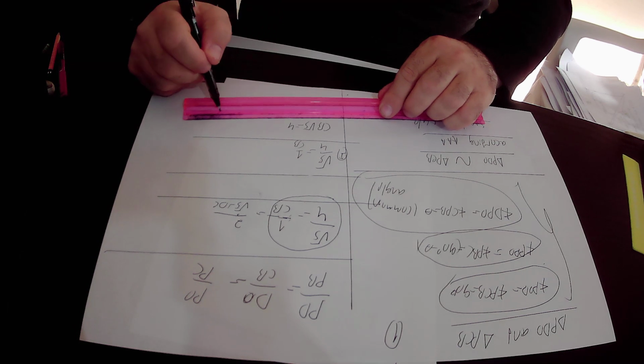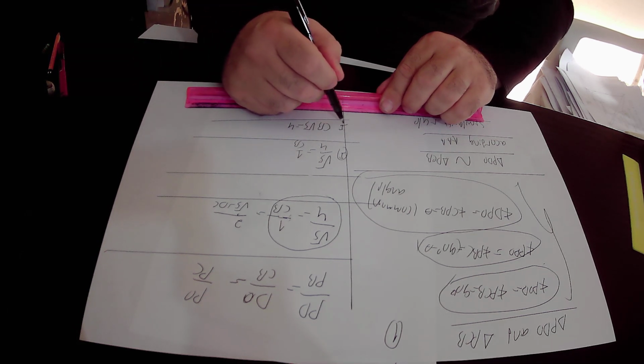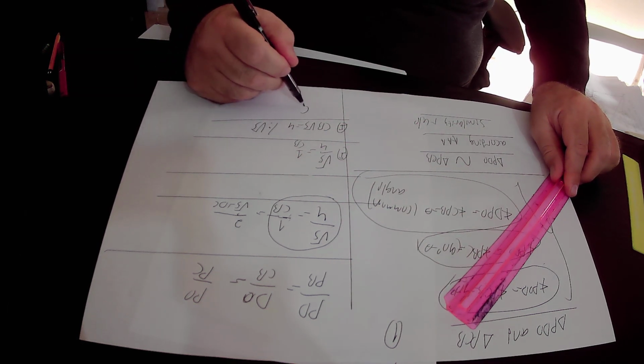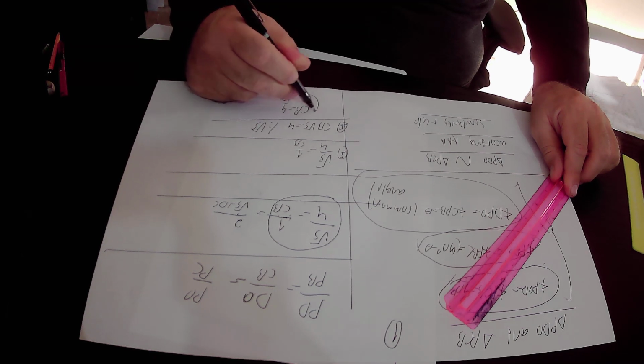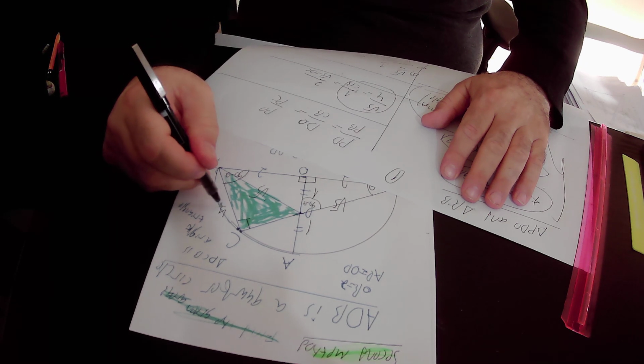Here we divide this equation by square root of 5, and we get that CB equals 4 over square root of 5 units.